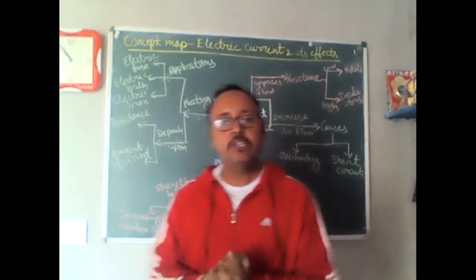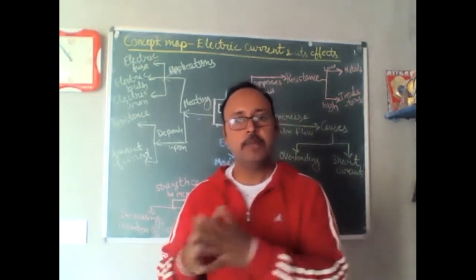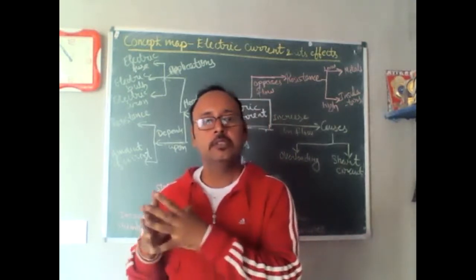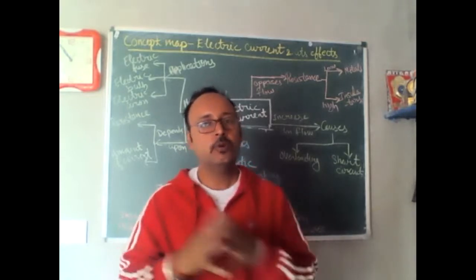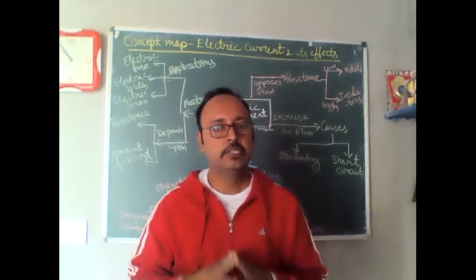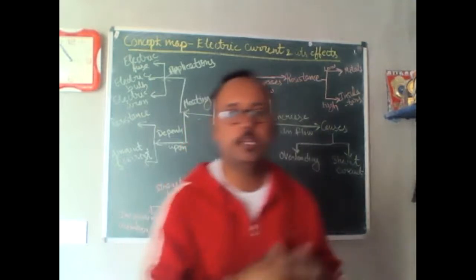Then we discussed the circuit, the path through which the current flows. A circuit may be closed or open, right? Then we discussed the effects of current: heating, magnetic and chemical. Chemical we will study in class 8.